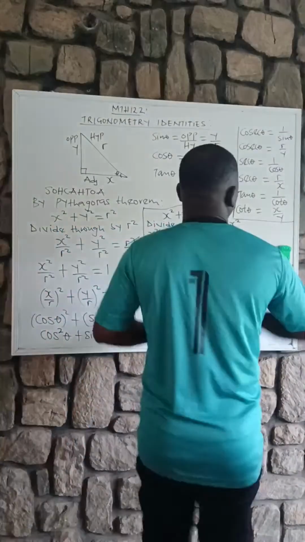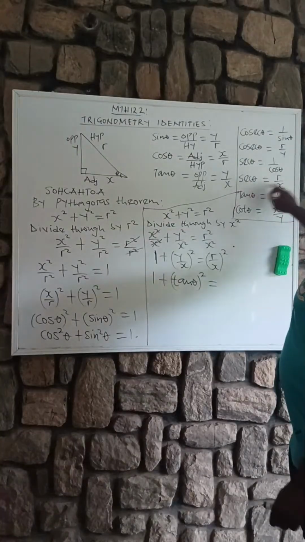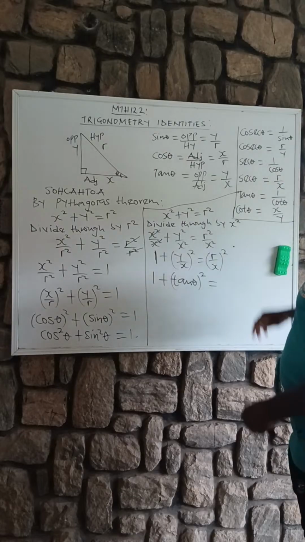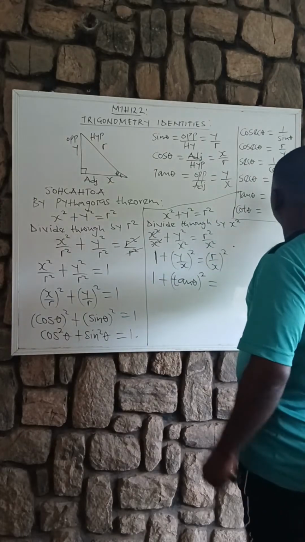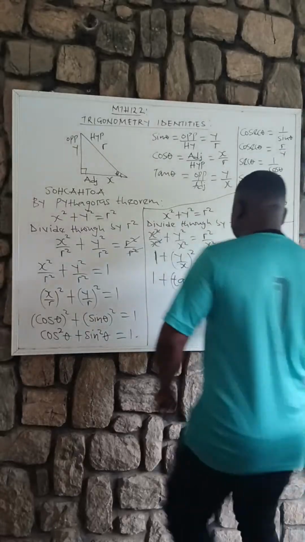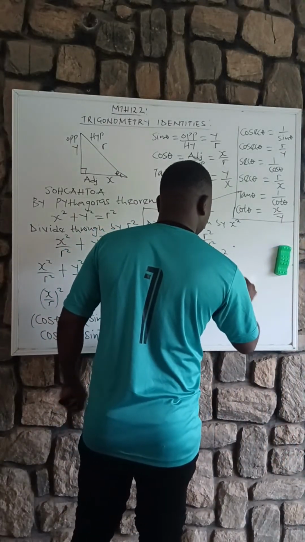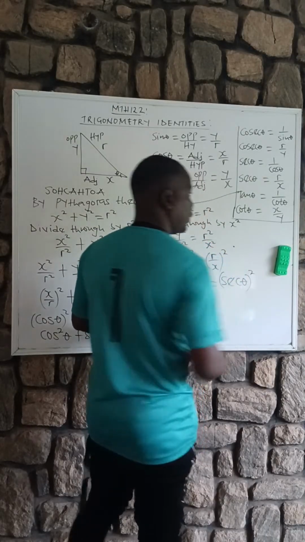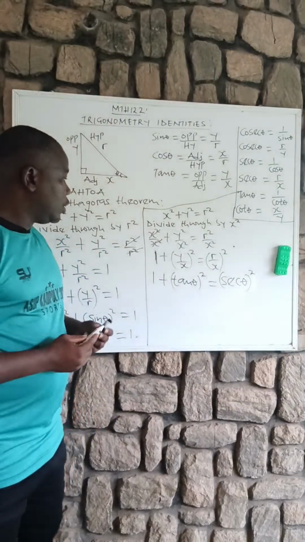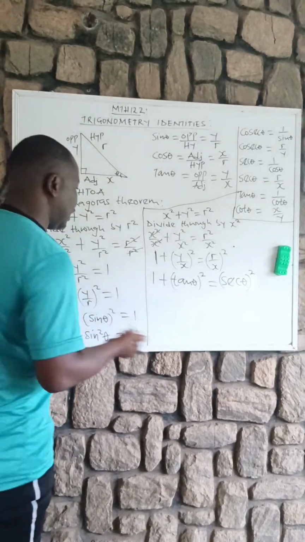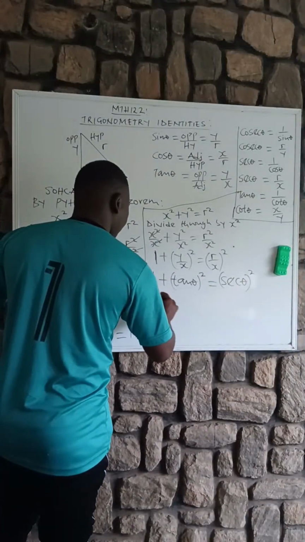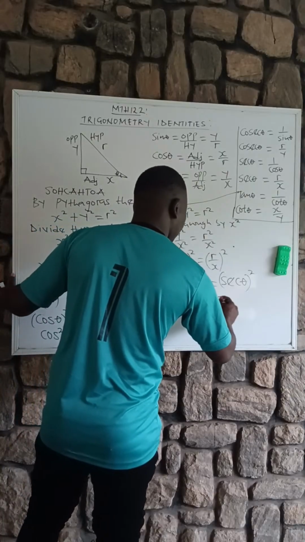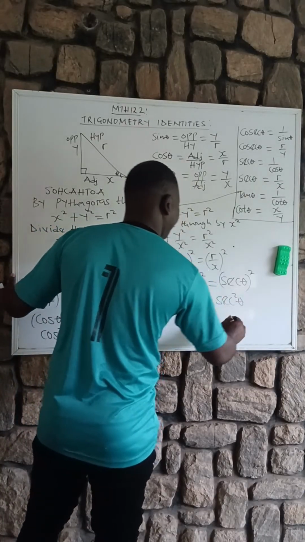Sec theta, it means cos theta inverse. So r over x is sec theta, all squared. So the final answer will now be 1 plus tan squared theta is equal to sec squared theta.